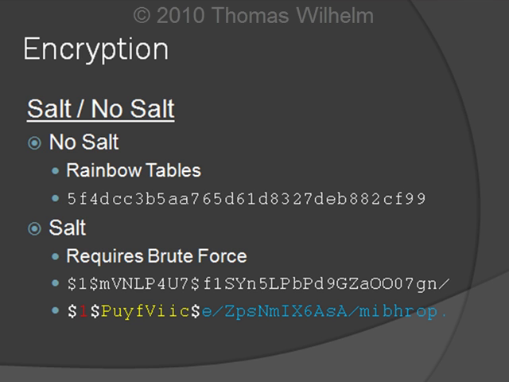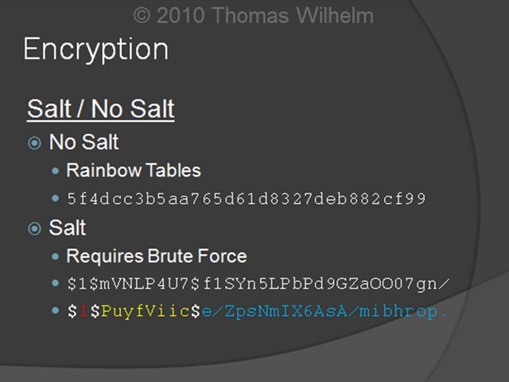Those systems that do not use salt, and that would be Microsoft primarily, do not use any sort of additional randomized variables in the encryption process, so that when a word is encrypted in a no-salt environment, the resulting encryption value will be identical each and every time that same password is used.